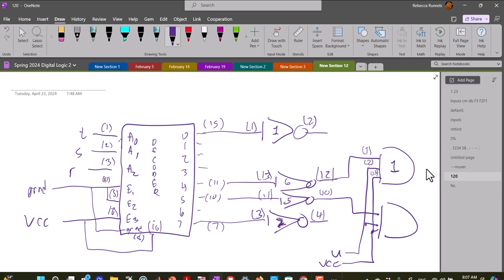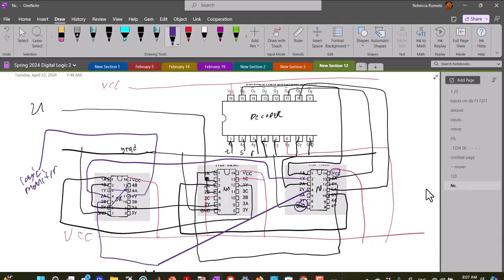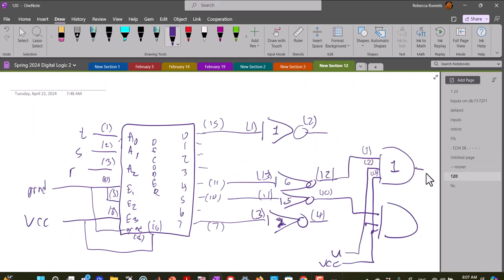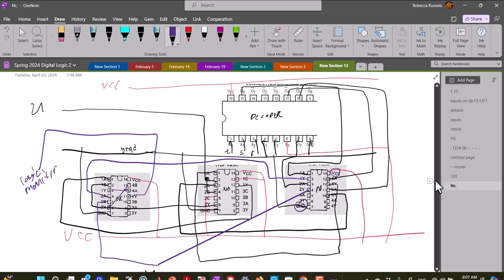So that would be gate 1. Pin 1 is the output from there. Pin 2 is U, and 3 is VCC, and our output 1Y is 12.